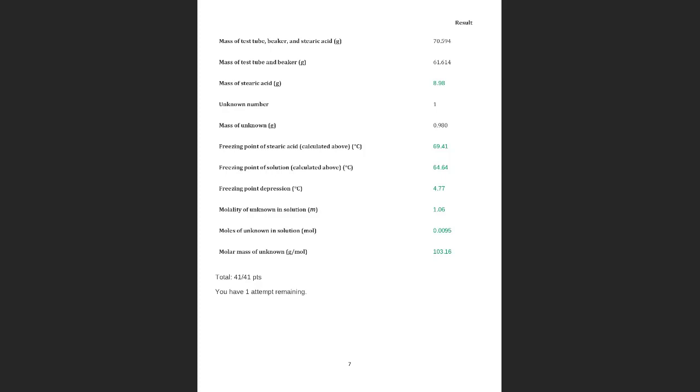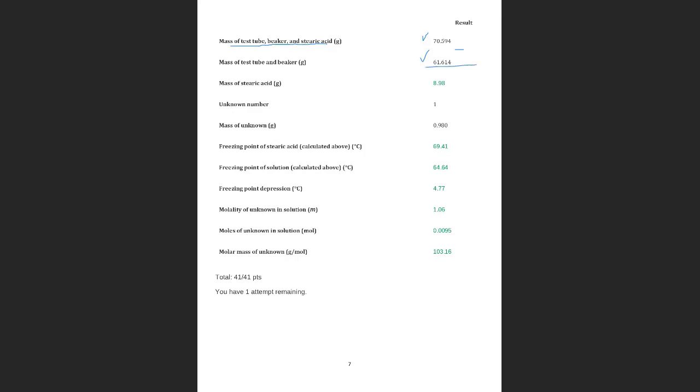They will tell you, okay, the mass of the test tube, beaker, and stearic acid is this, but for you, from Chem 1412, you know that that is going to be the difference between the two. And then what else? Every person has a different unknown. So this mass is one minus the other, right?